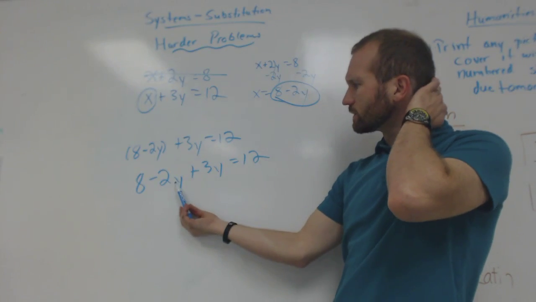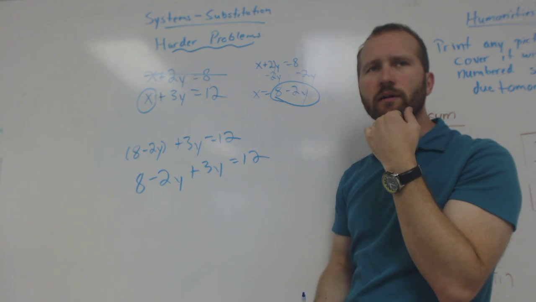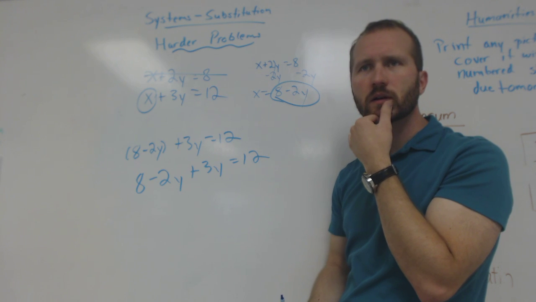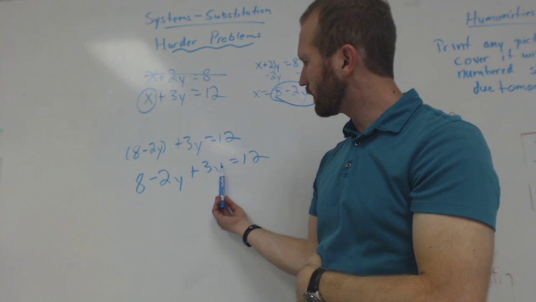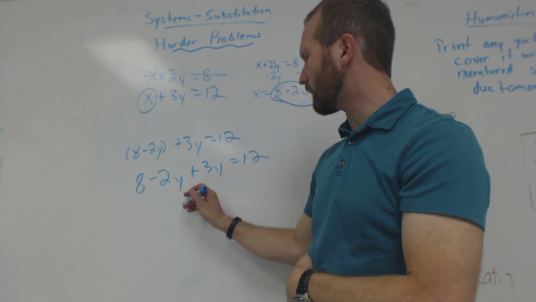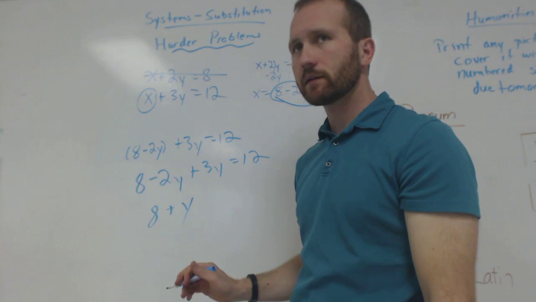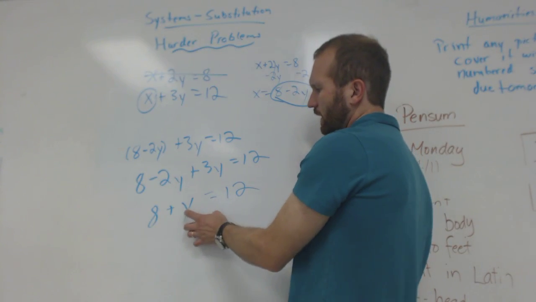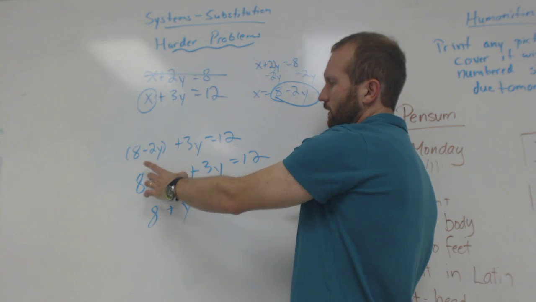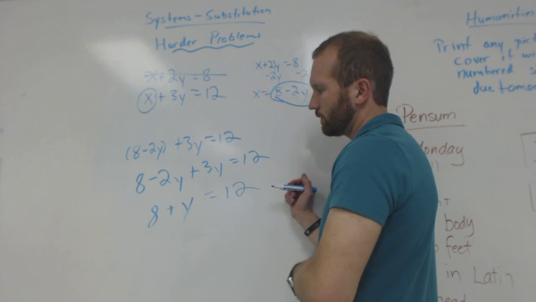Here I have minus 2y plus 3y. How many y's do I really have on that side of the equation? I have 3 here, and minus 2 here. Yeah, I really just have 1 y, and then I have an 8. A positive 8, right? They're all positive because the negative combined with that 3 to get positive 1.